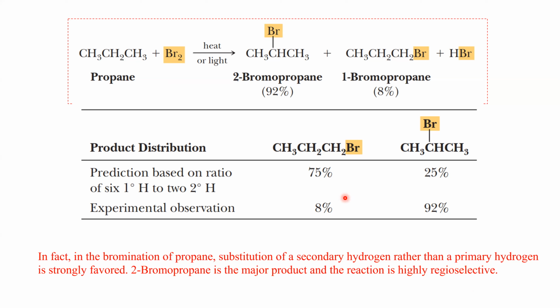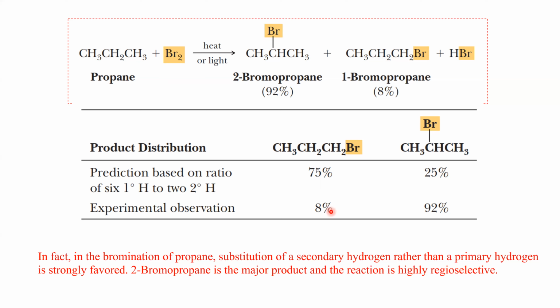I will discuss why these primary and secondary protons do matter. One thing we have established is that in the case of bromination, if we have the primary, secondary, or the tertiary one, the bromine has the greater preference and selectivity for the tertiary, then secondary, and then the primary one, right?